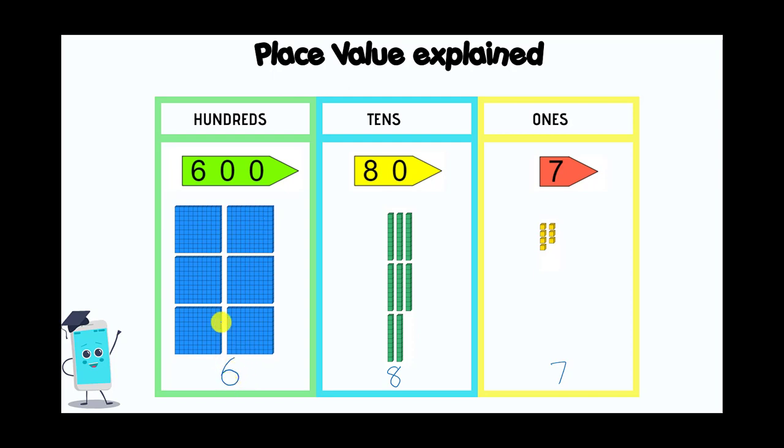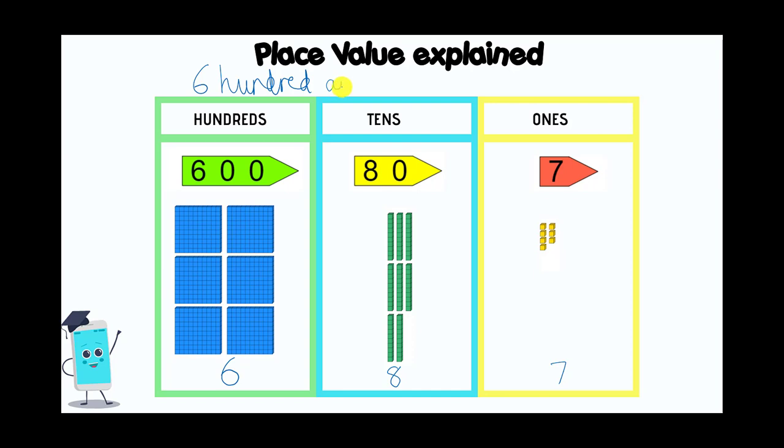I have 6 hundreds, but I'm not going to write 6 hundreds. I'm going to write that I have 600, and then I've got 80, and I've got 7. Now, I've got 8 tens, but I don't write 8 tens, I actually write 80.